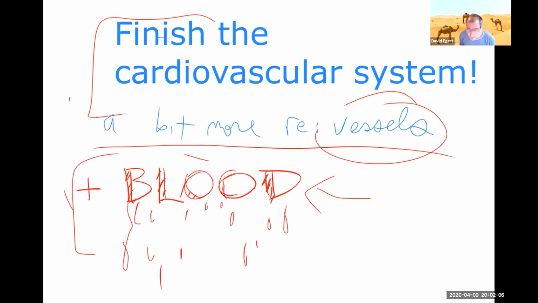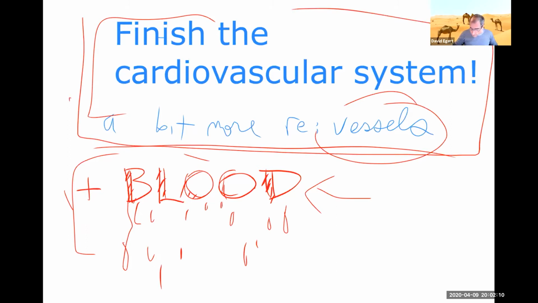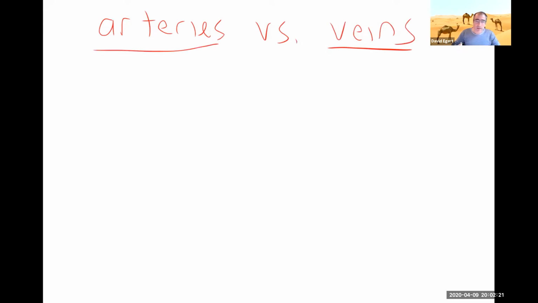So let's go back to the cardiovascular system. Last time we were talking about arteries versus veins. What are some of the differences that we talked about? They're both similar in that they're tubes that are carrying blood. They're both lined with endothelium.